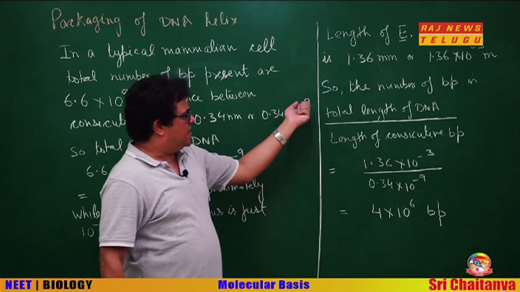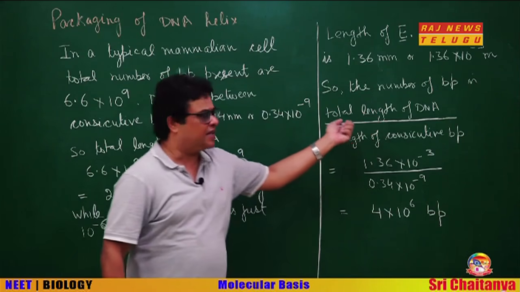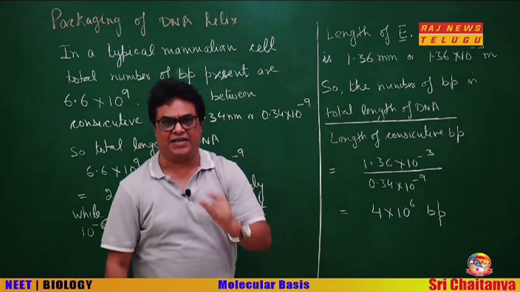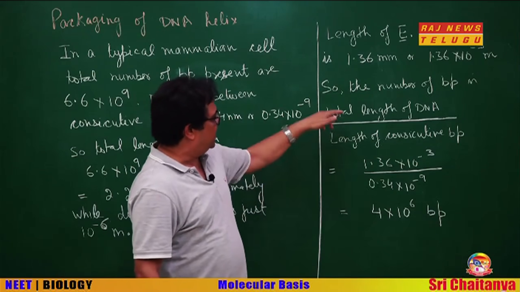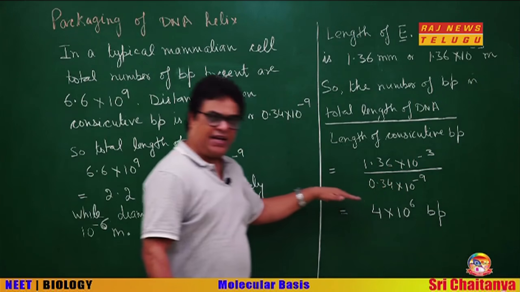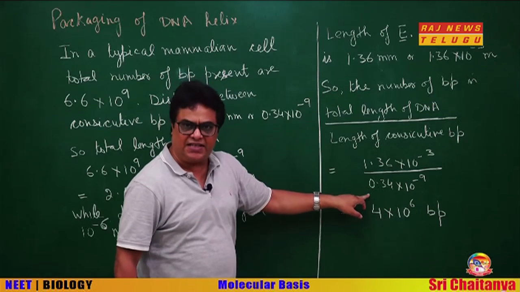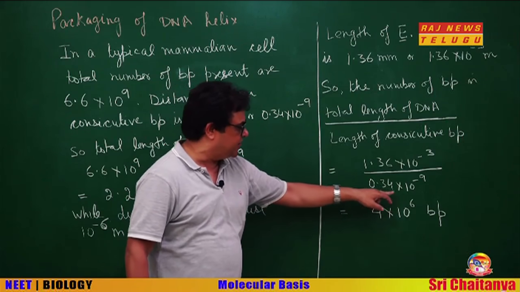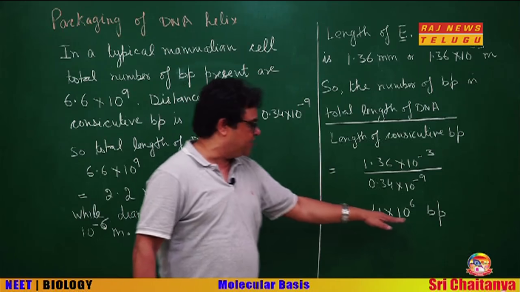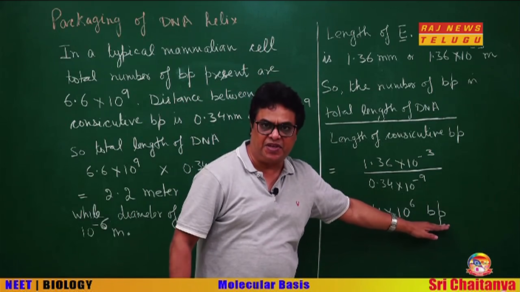The number of base pairs we can calculate by dividing it by the distance between two adjacent base pairs. So we divide 1.36 × 10^-3 by 0.34 × 10^-9, and this comes to 4 × 10^6 base pairs.